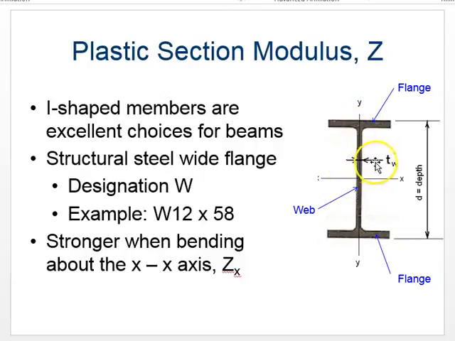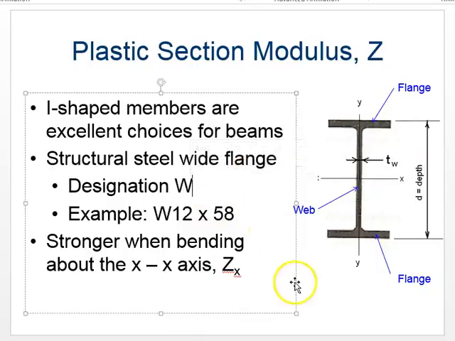This is the thickness of the web right here, and the depth goes from the top to the bottom. You'll notice that they put axes, like a coordinate system, where this is the x-axis and this is the y-axis. W is the designation because it's a wide flange, and W12 by 58 tells us information.